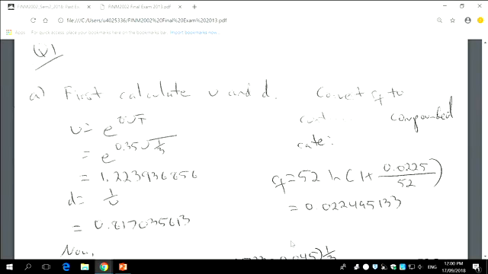So in this case, 4 on 12, or a third. That gives me e to the power of 0.35 times the square root of a third, 1.223936856. Keep all the decimal points. D is equal to 1 divided by U, so 0.817035613. And now you've got to draw the tree.